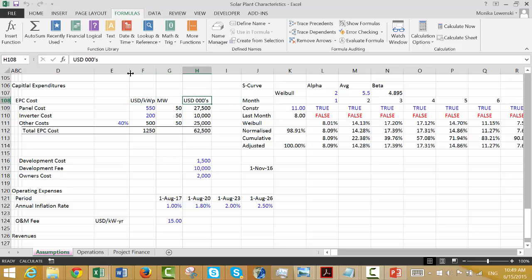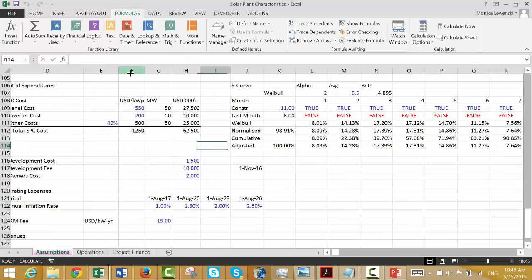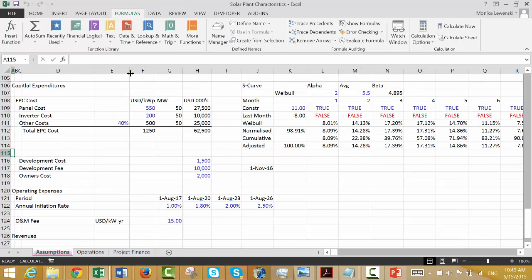This is good. We don't have any other numbers here, so we can use the whole line here, and this is okay, because even though we have this 0, we're going to need the construction month, and then we can put in the S-curve, and we can throw in all of our costs.